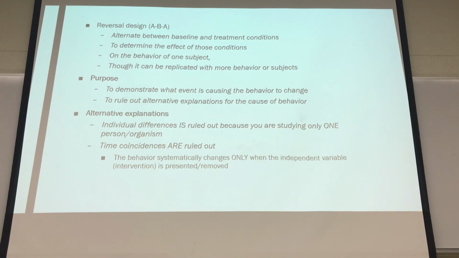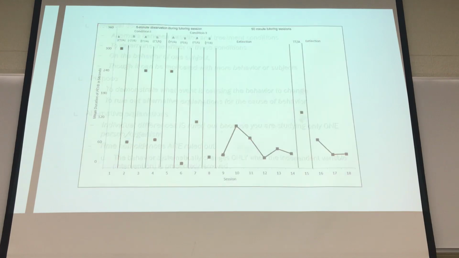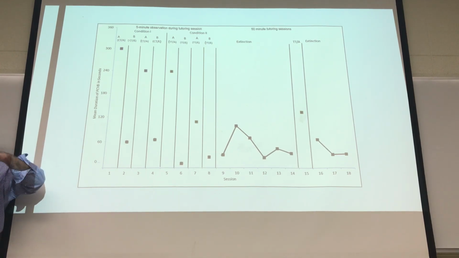If it goes back to baseline, then we've ruled out the alternative explanation of time coincidences. This is a wee bit complicated, but it's got a lot of evidence of ruling out.